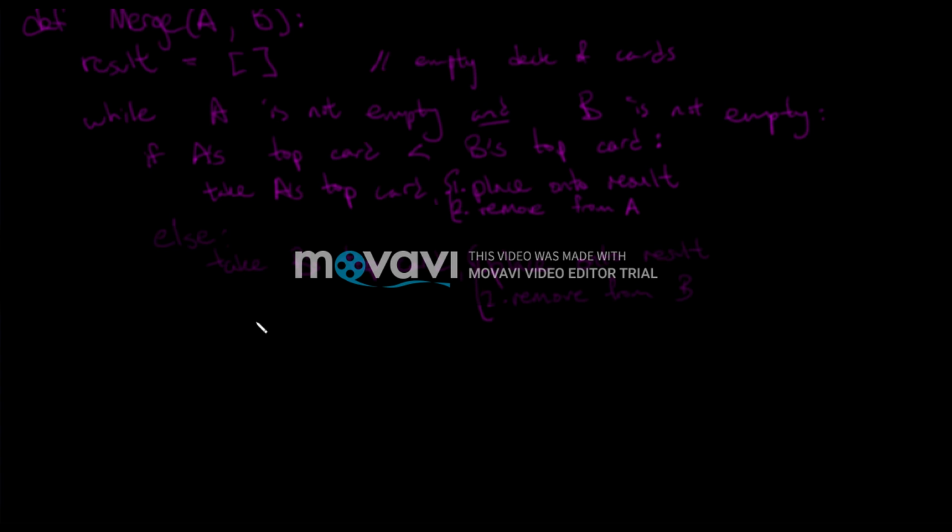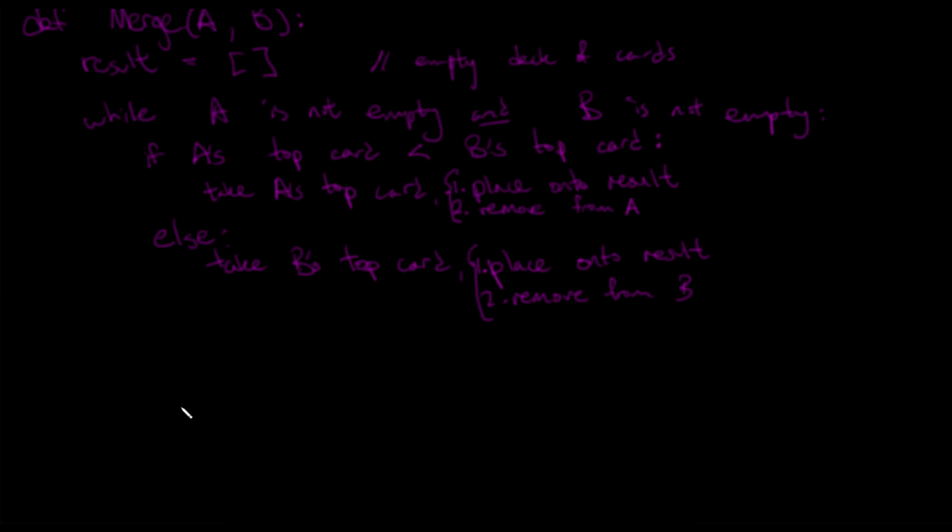And so our special case to deal with that is that when only one of the decks has cards in it, we're just going to place those cards straight onto the result.